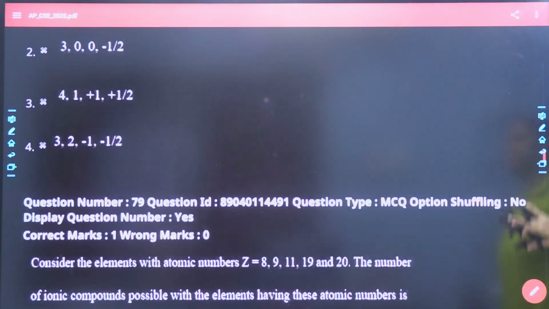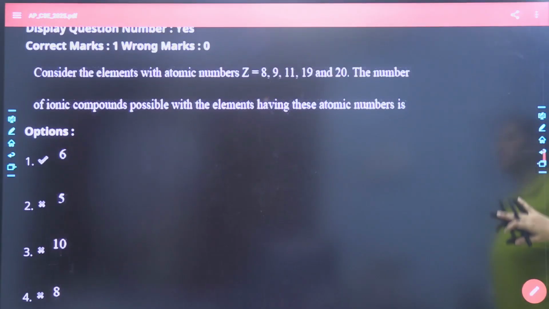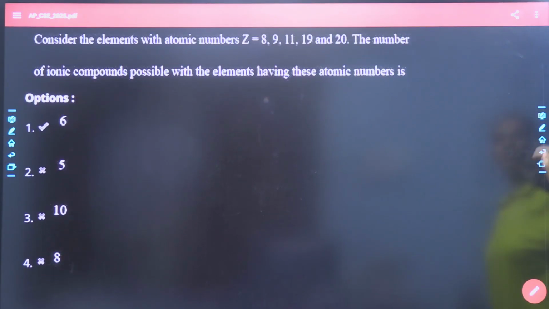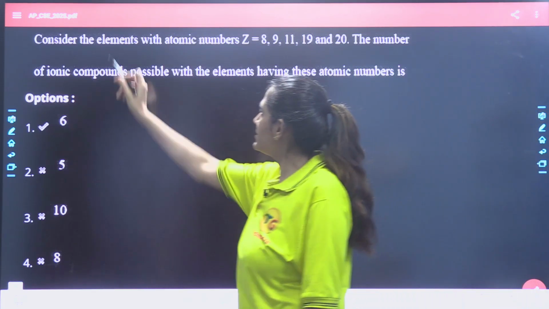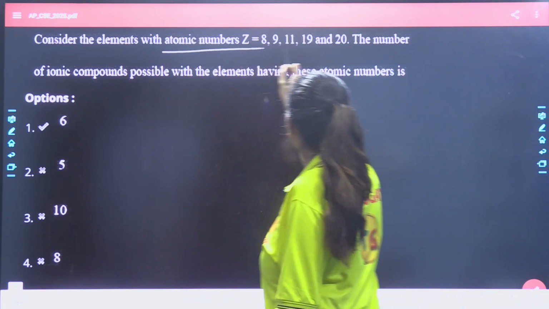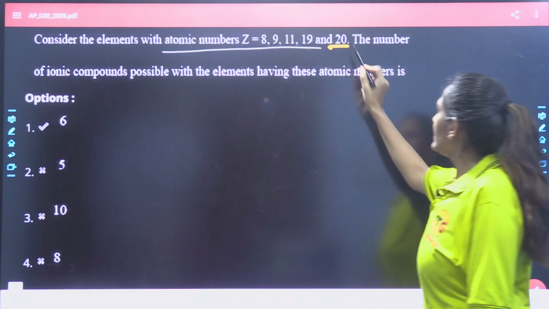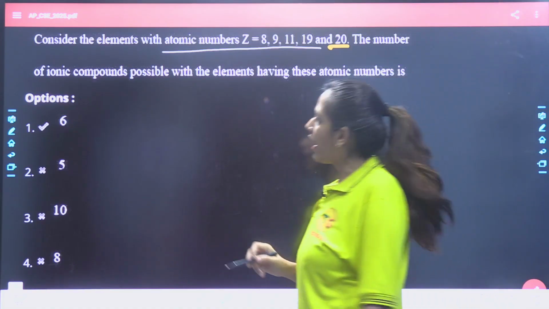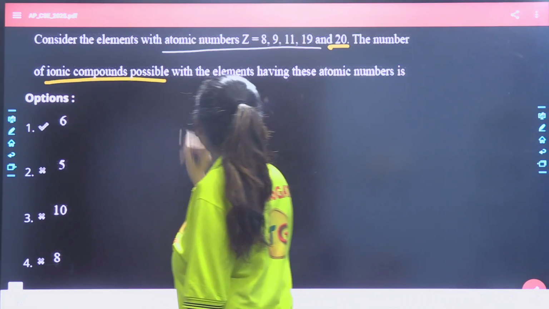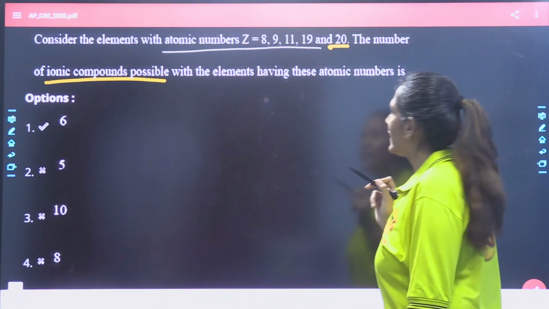Let's see the next question. Now, in this question, what is asked? Consider the elements with atomic numbers 8, 9, 11, 19 and 20. Now the number of ionic compounds possible with the elements having these atomic numbers.